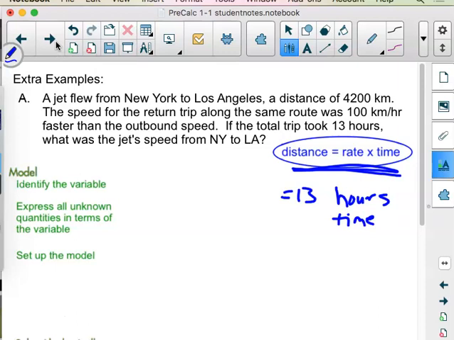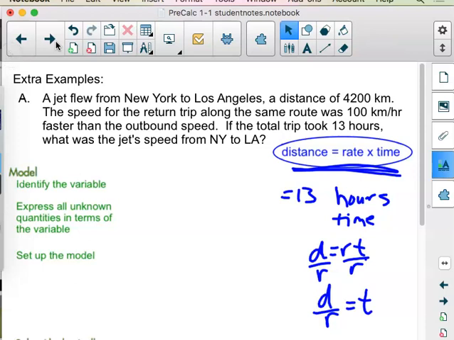And I look at our distance equals rate times time, and I realize, well, if distance equals rate times time, and my equation has to be about time, I better solve that for t. So I better divide both sides by r, and it's going to be distance divided by rate equals time.